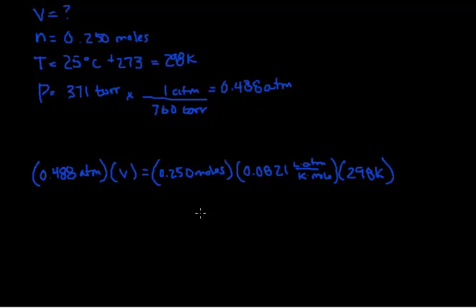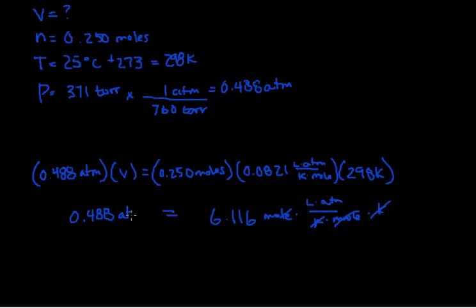Okay, so down here I've got our problem set up already, and what I did was I simplified all of this, and that comes out to 6.116 moles, liters, ATM, Kelvin, moles. Moles cancel, Kelvin cancels, and that is equal to 0.488 ATM V. And I want V by itself, so I divide by 0.488 ATM.